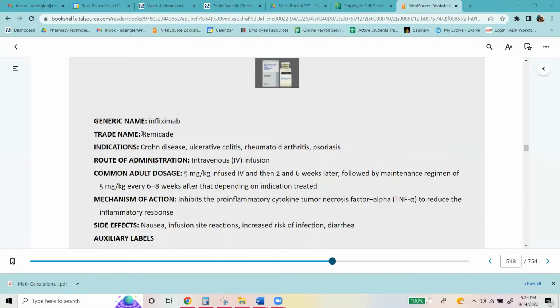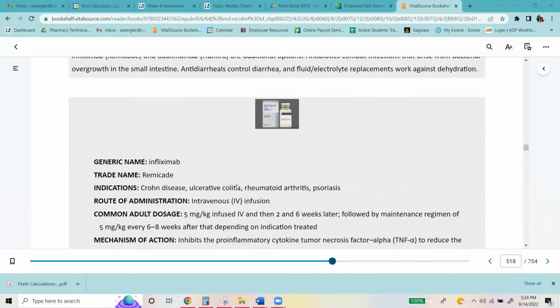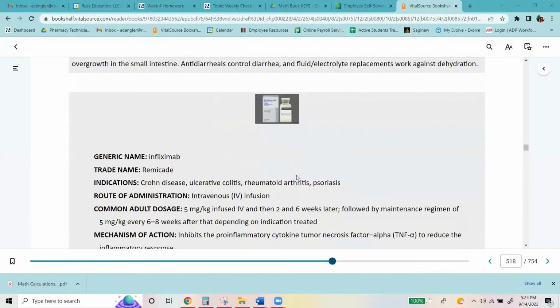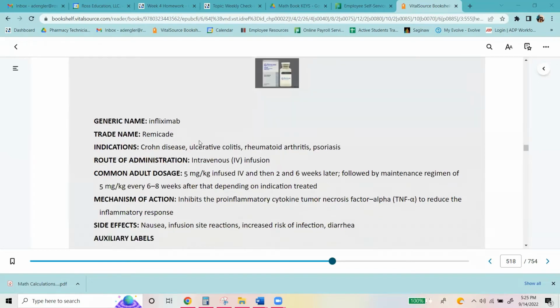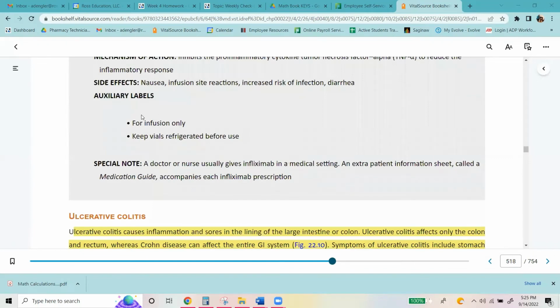So once you are working in the pharmacy for some time, you'll notice that a lot of medications for autoimmune disease like Crohn's disease, ulcerative colitis, rheumatoid arthritis, psoriasis, psoriatic arthritis, stuff like that, some of the medications are going to be used to treat all of this stuff. A lot of medications can treat all of those symptoms.